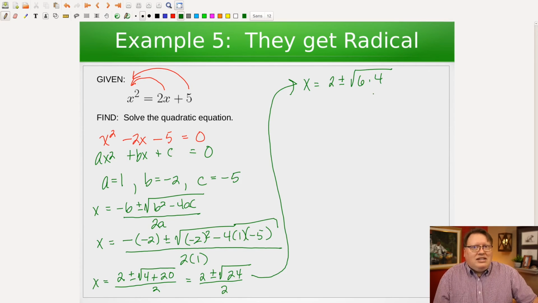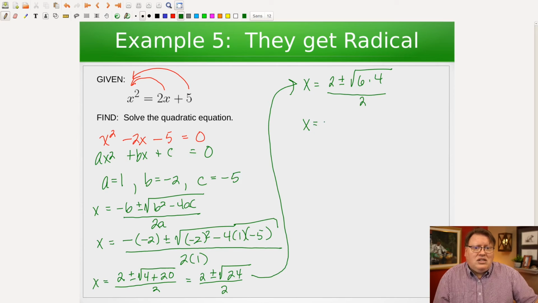You want to identify the perfect squares in 24 to be able to simplify the radical. And 4 is a perfect square because it's 2 times 2. Okay? And all of this, again, is over 2. Don't lose that. Now, 6 is 2 times 3. That's 2 prime numbers. I can't take the square root of 6. But I can take the square root of 4 and bring it outside.